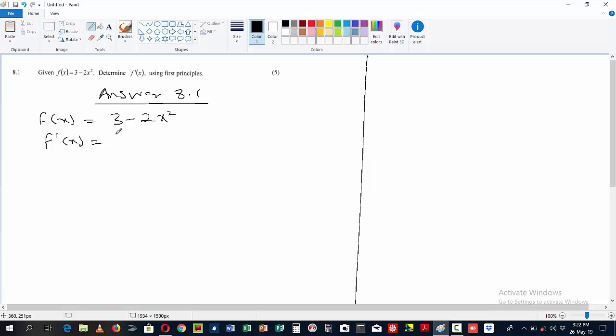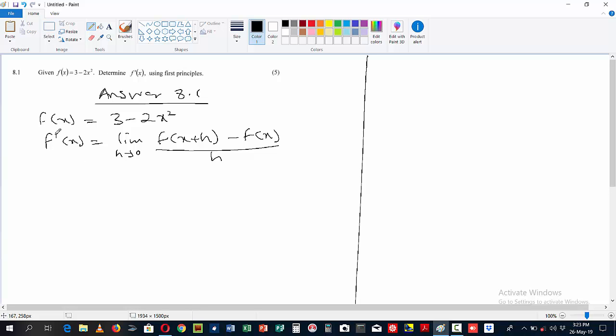We state that the limit of f of x plus h minus f of x, divided by h, as h tends to 0, which means h approaches 0.